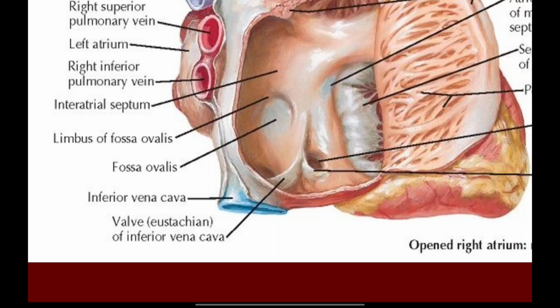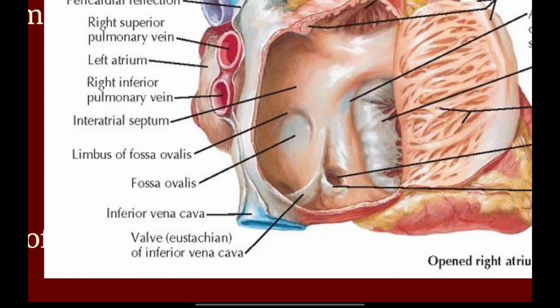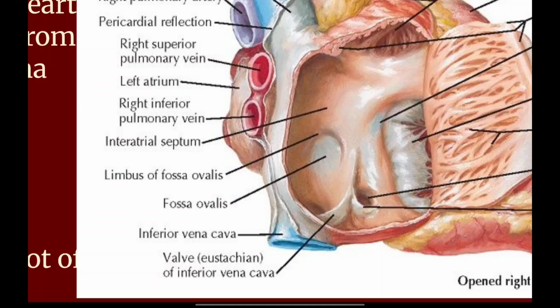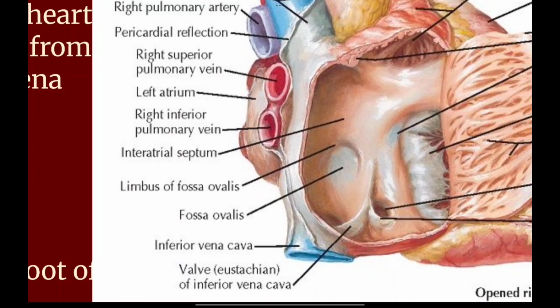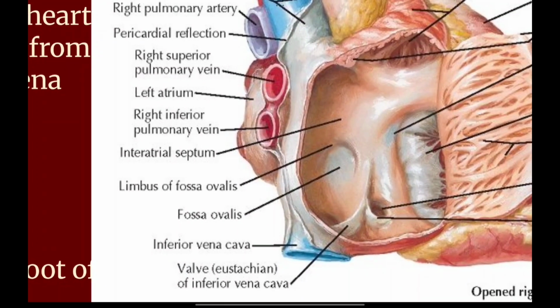As I told, the inferior vena cava has a rudimentary or not working valve, which is called the eustachian valve, which is present here next to the inferior vena cava. There is also a scar tissue here, the round tissue that you see over here, which is the fossa ovalis, which was said to be an opening between the right and left atrium. It is now a scar tissue when the small child develops into an adult.